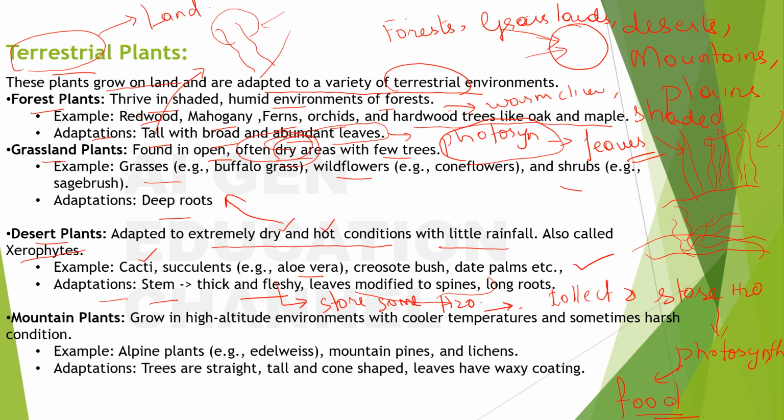It's often not needed to know why the leaves modified to spines will reduce the water loss, but it's better that you understand that so that it will sit in your brain. Okay, see, when there is more area, the heat that goes from this area is more. So when these spines come in between, the area open to the sunlight reduces, and so there will be less water loss.